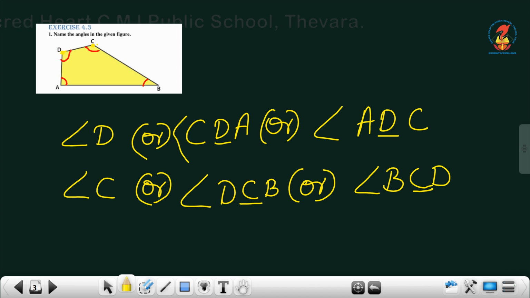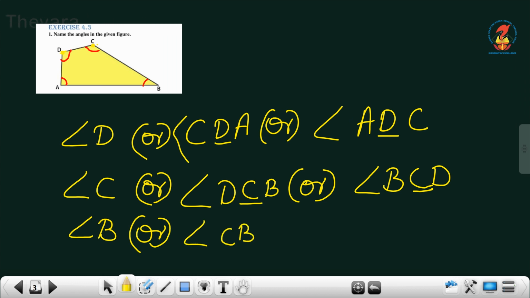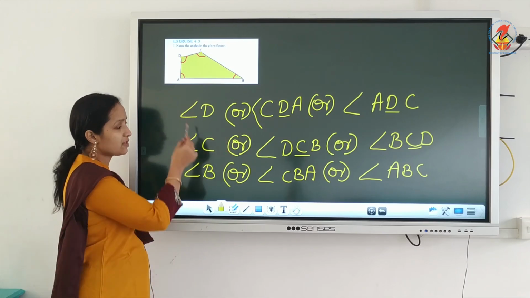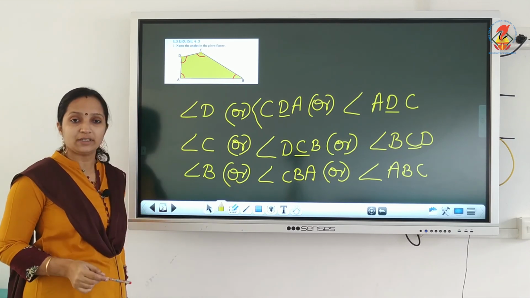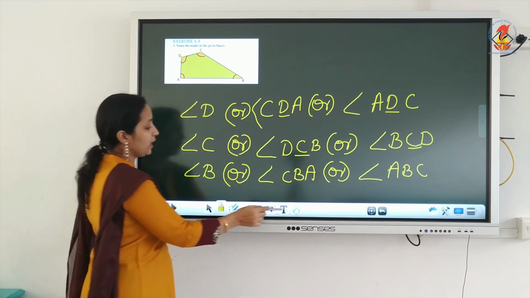I hope it's clear. So how will we write the name for angle B? Angle B, or you can name angle B as angle CBA, or you can name it as angle ABC. I hope it's clear. Any one way is enough. Just for the first question, write the name in 3 ways, so it will be more clear how to name the angle.